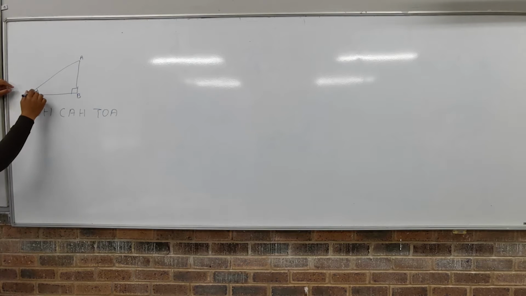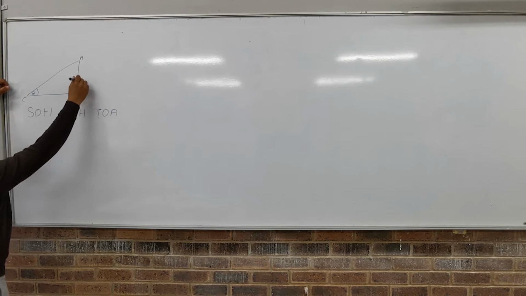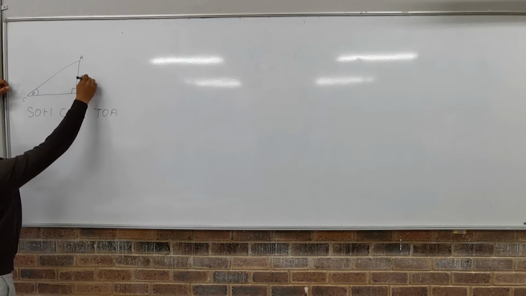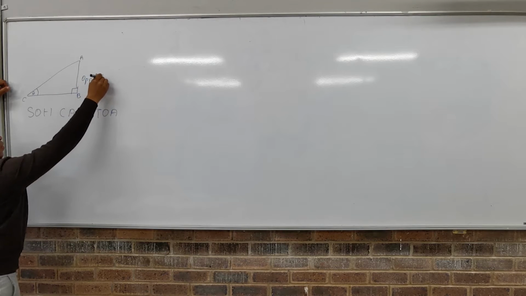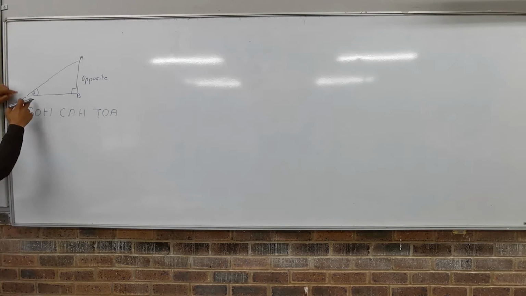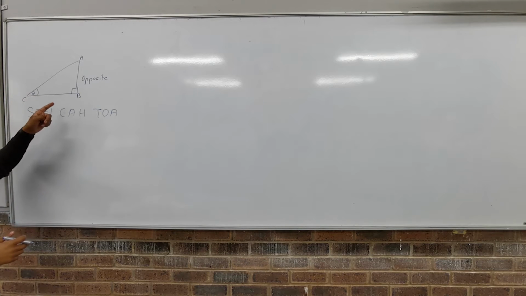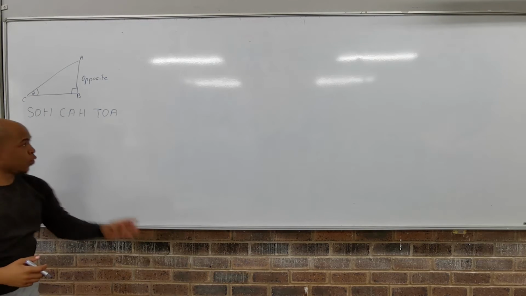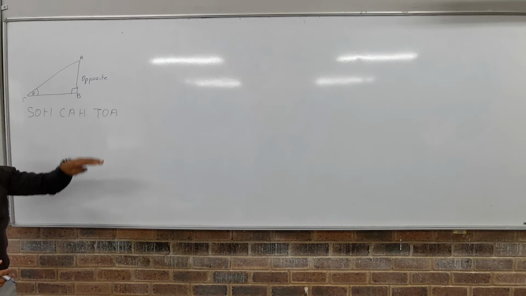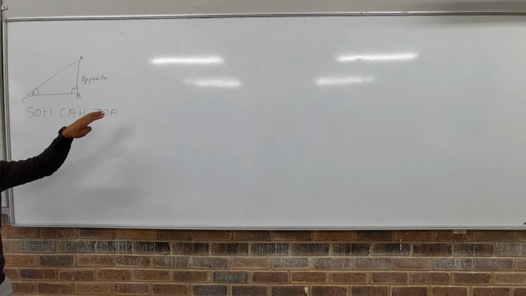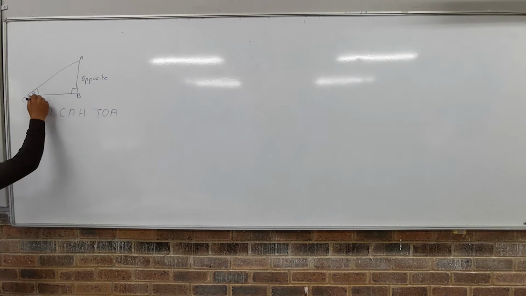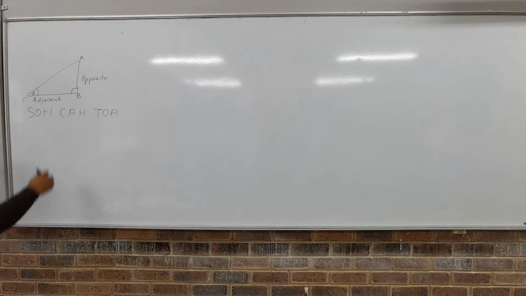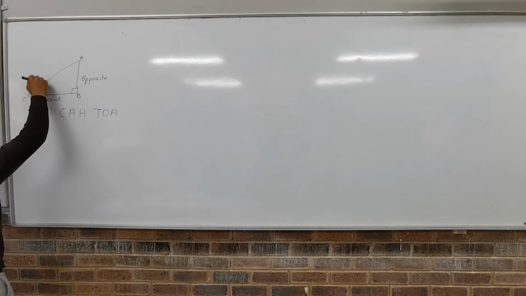This becomes the opposite side. Then, since theta is just next to the horizontal line, we call this the adjacent line. And then the longest side is referred to as the hypotenuse.